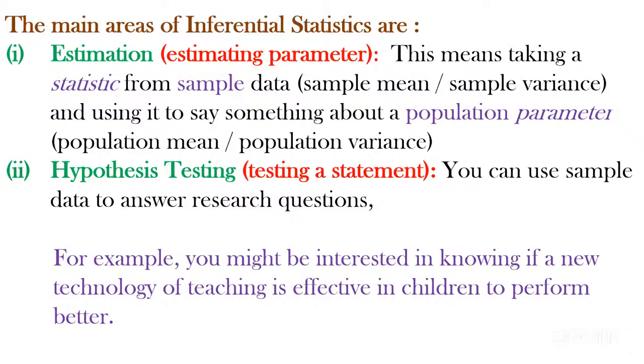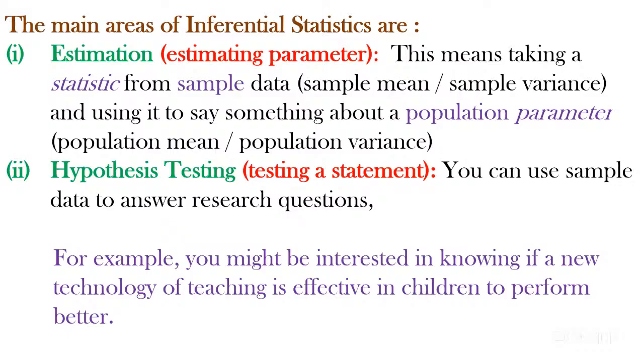For example, you might be interested in knowing if a new technology of teaching is effective in helping children perform better. How are you going to give a conclusion for this claim? You will see the students' performance by some activity before implementing the new technology, and then after implementing it you will again see the students' performance, and apply the suitable test.